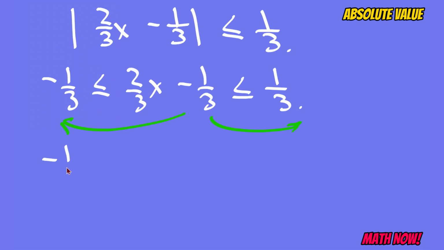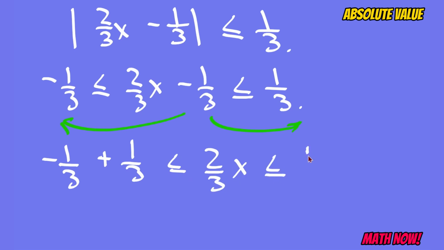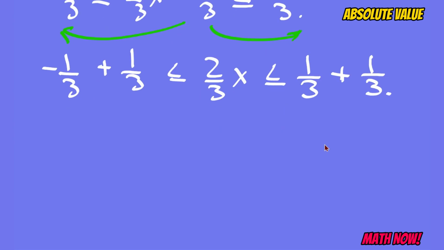Minus 1/3 is going to be plus 1/3, less or equal to 2/3 x, and it's less or equal to 1/3. Here negative becomes positive, so it's plus 1/3.